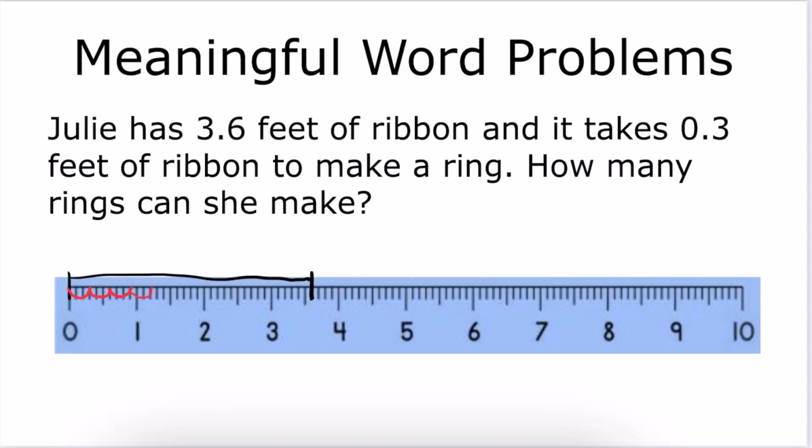Then I'll go 3 more tenths to give me my 4th ring, 5, 6, 7, 8, 9, 10, 11, 12. So it looks like she can make exactly 12 rings. And so that gives us the information that 3.6 divided by 0.3 equals 12.